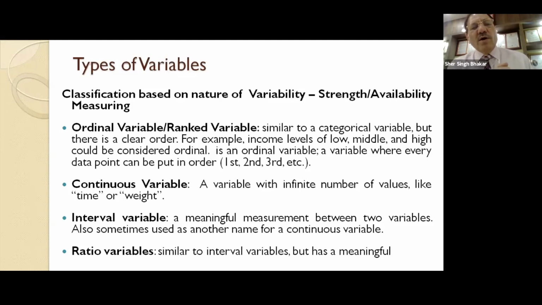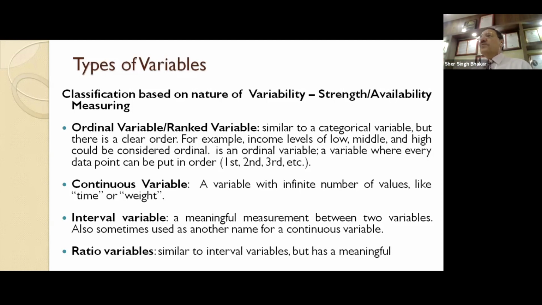And ordinal variable has classes, but the difference between the category variable and ordinal variable is that you have ranking. That means if you have 5 categories, then one category is better than the other. The third category is better than second, like that.